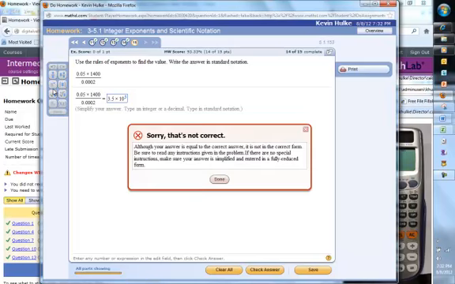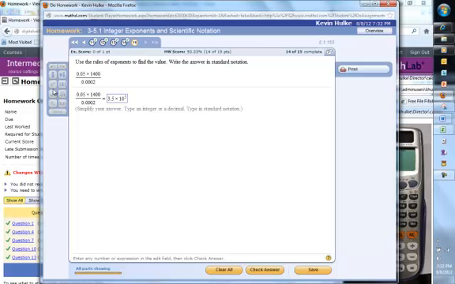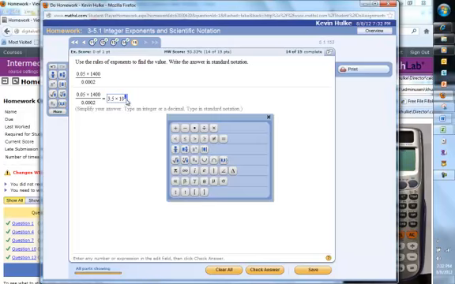Oh, write your answer in standard notation. I'm sorry. So they want that.